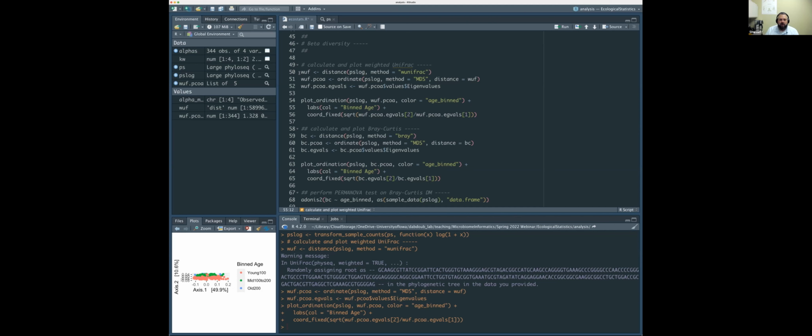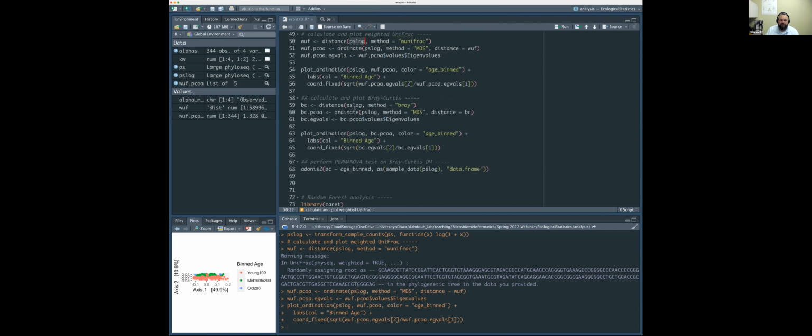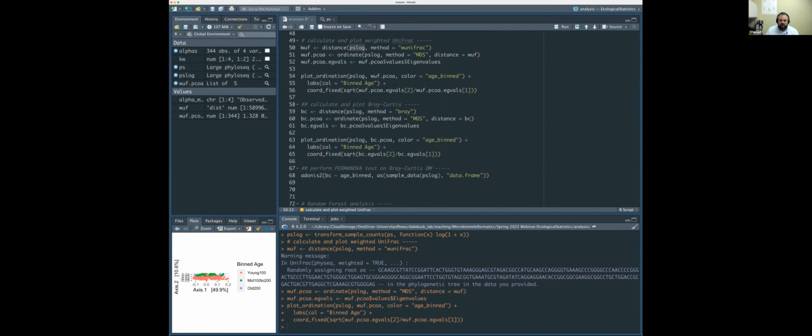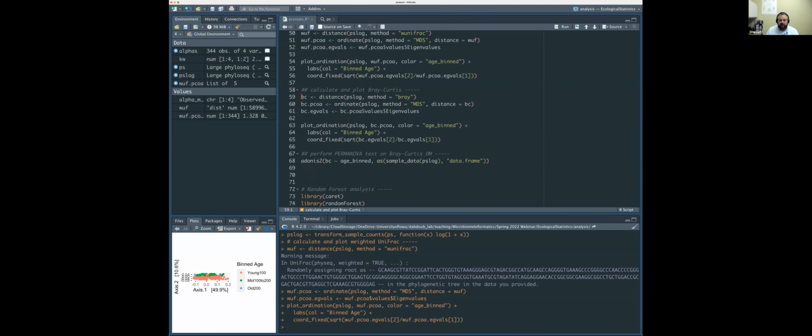So for the weighted unifrac, we're not explicitly giving the phylogenetic tree, but it is part of that phyloseq object. If you didn't have a tree as part of the phyloseq object, then it would complain at you. But you'll notice that there's essentially uniformity: the distance function just takes the phyloseq object and a method. So all we're doing to calculate Bray-Curtis is changing the method parameter.